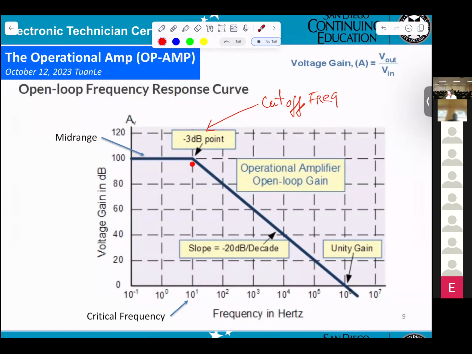You're going down. Right, it's equal to 10 hertz. So they will also tell you the bandwidth will be from 0 up to cutoff. That's what we call the bandwidth.